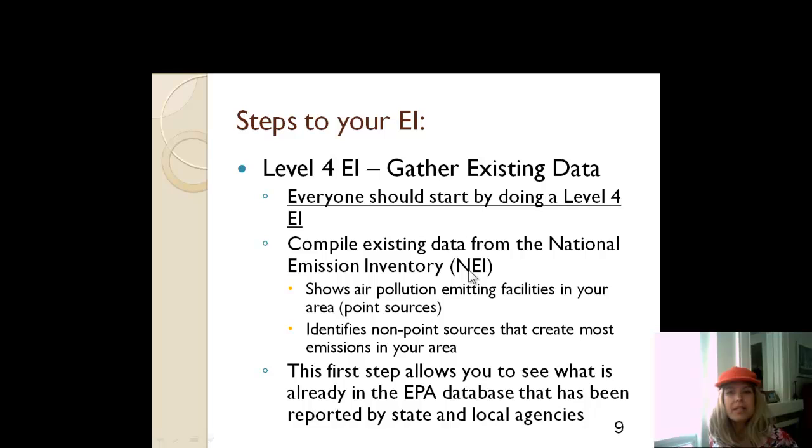So basically, the National Emissions Inventory database has data that include emissions that have already been calculated by states, counties, and in some cases supplemented by EPA. That data has already been QA'd, EPA has reviewed it, and it identifies point sources that are in your area and that could affect your air quality, as well as non-point sources that create the most emissions in your area.